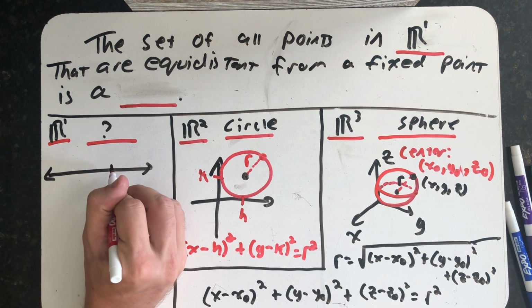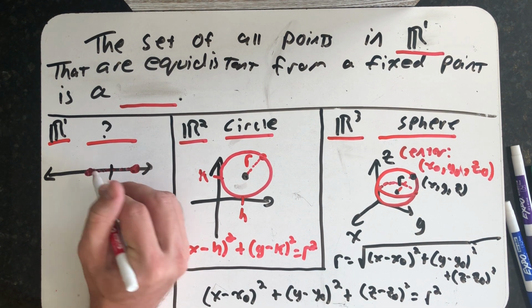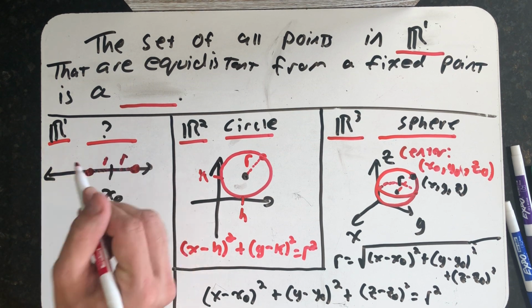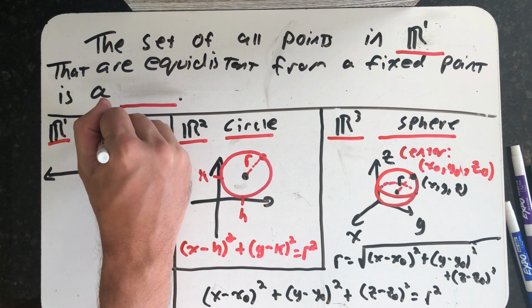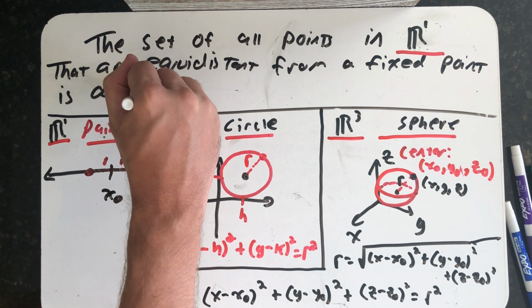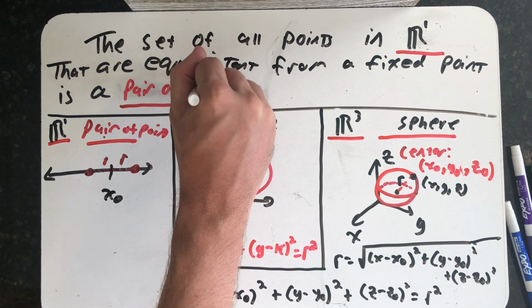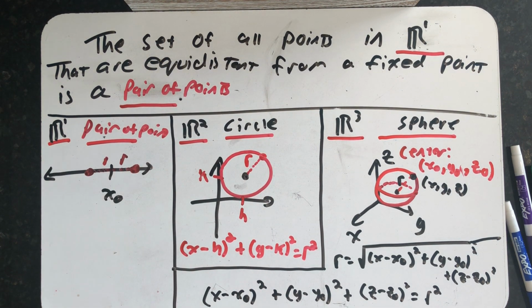Well, if I'm allowed to go a distance r away on that number line, I'd get a point over here, and I'd get a point over here, right? That pair of points, and I guess that's what I can write here, a pair of points, is really all I get on that number line.